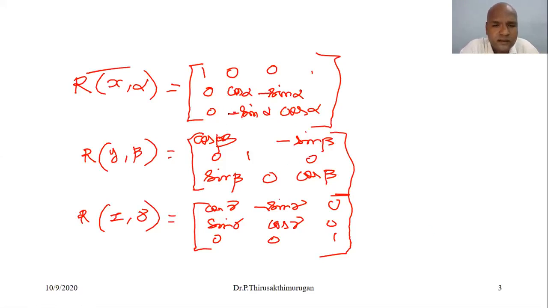This is plus. When it makes an angle of beta on the y-axis, I interchange the coordinates. This is plus, sorry, this is plus and this is minus. For z, it is correct. So let us prove how this happens.